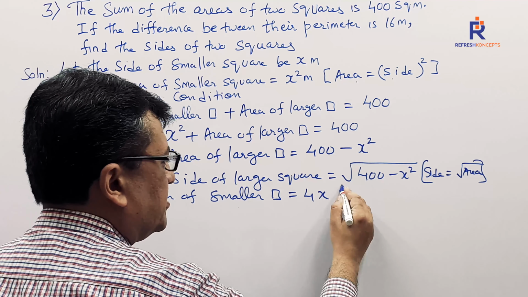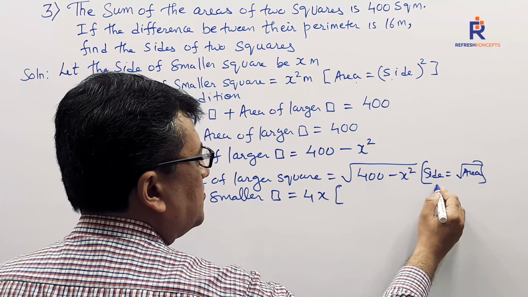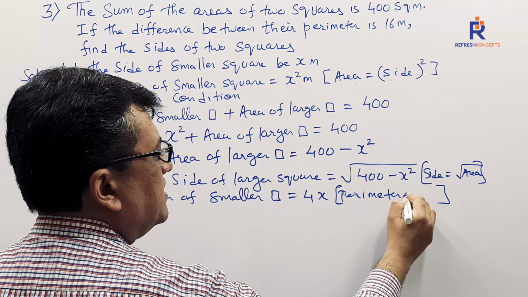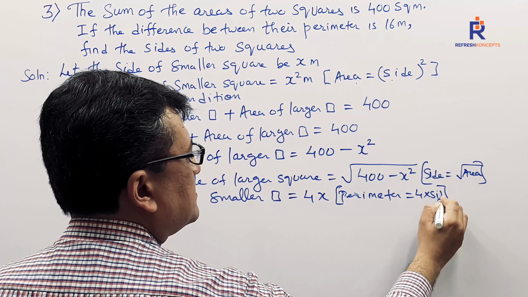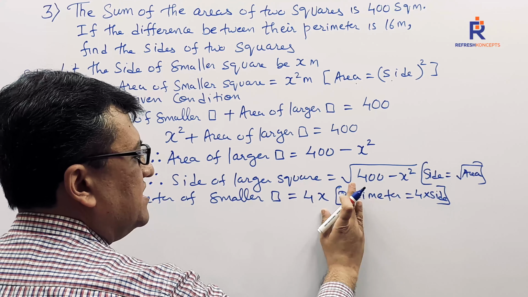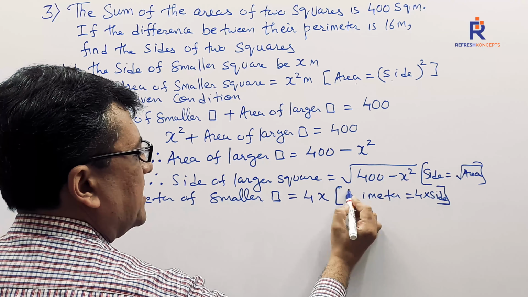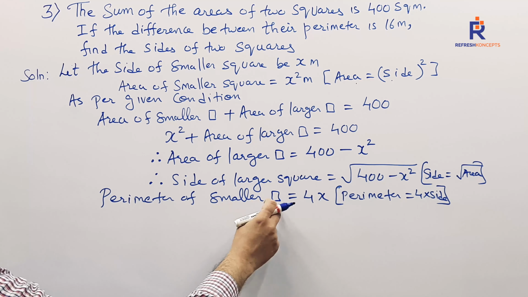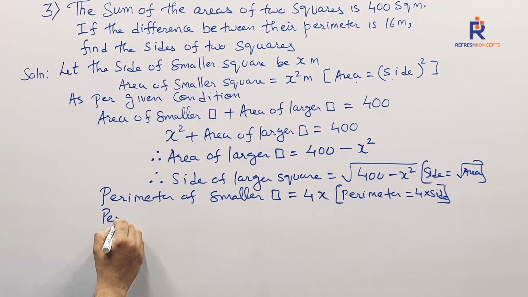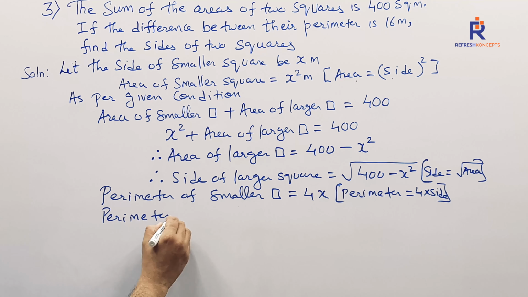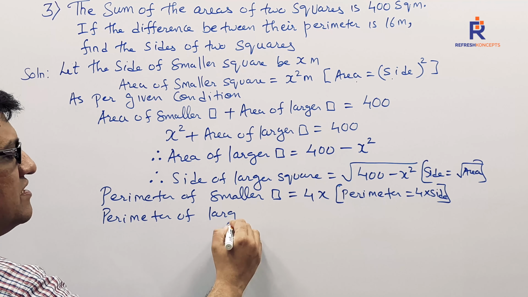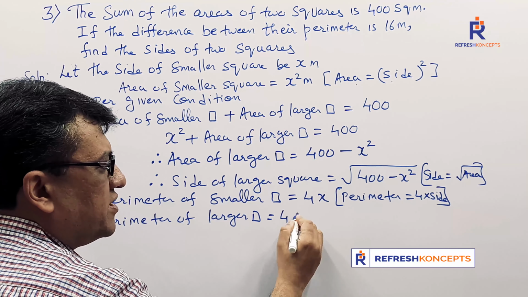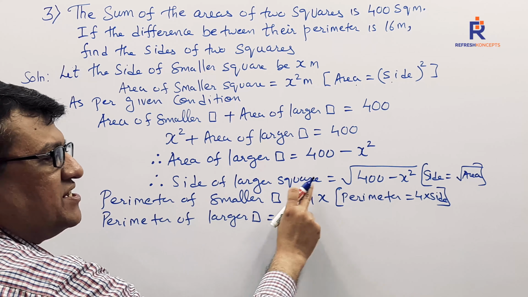If you want, you can jot down the formula: perimeter is nothing but 4 into side. So this is the perimeter of the smaller square. What is the perimeter of the larger square? 4 into side, 4 into the side of the larger square.